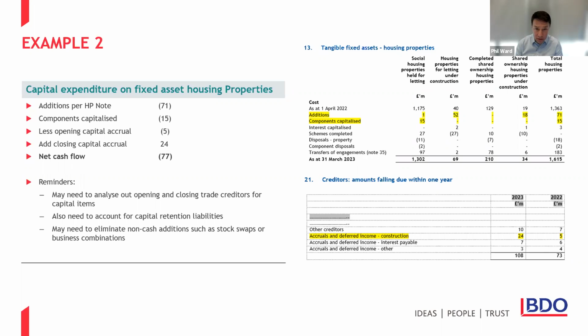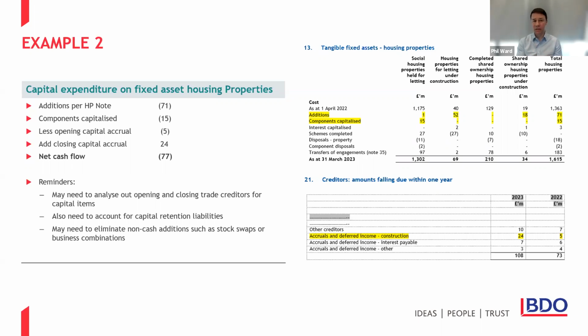You can see in the cost section of note 13 there, we're picking up the additions figure and the components capitalized figure. Sometimes they're split out on separate lines. Often, as in this case, they're included as a single capital expenditure on housing properties. So we're bringing in an outflow from those two figures of 71 and 15.